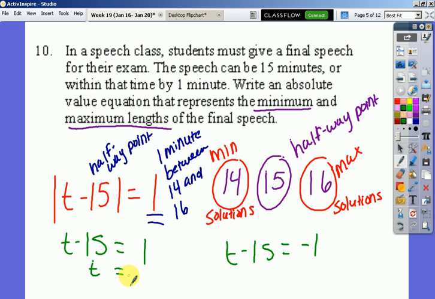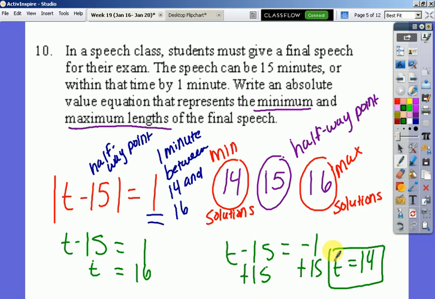T equals what? 16, right? What happens when I add 15 here? T equals what? 14. So in both cases, I get what's needed to be my solutions.